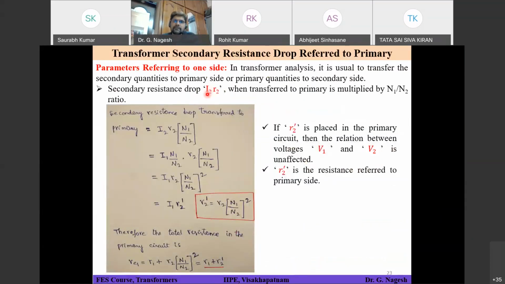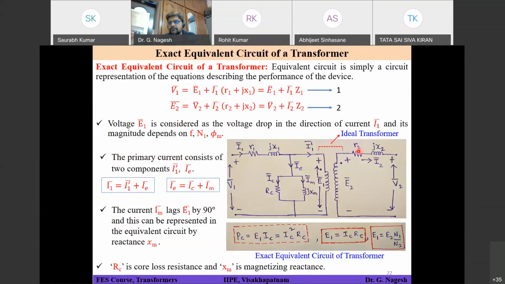I'll just take the case of resistance. Here the resistance is R2 and the current flowing is I2. So what is the voltage drop on the secondary side because of resistance? The voltage drop across the resistance R2 in the secondary winding is R2 into I2.